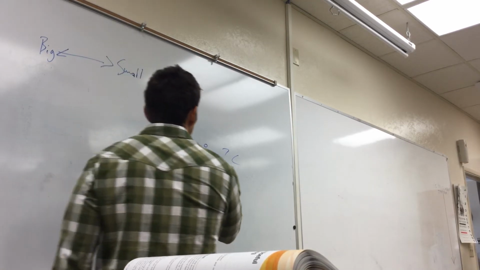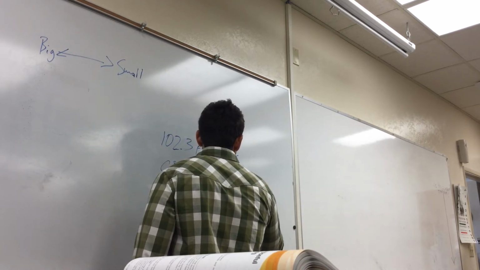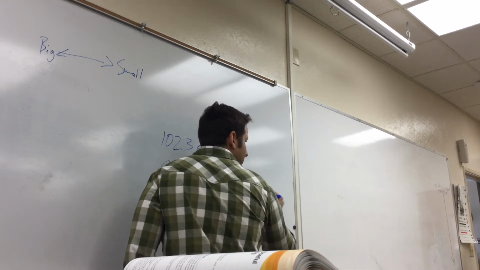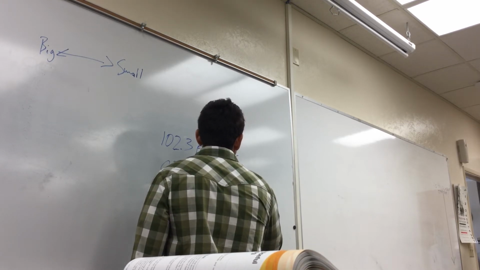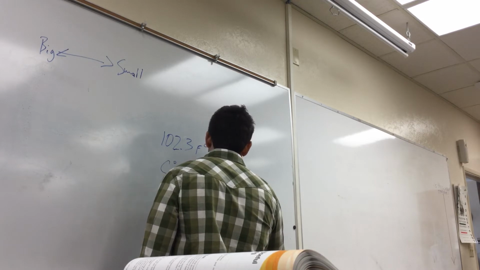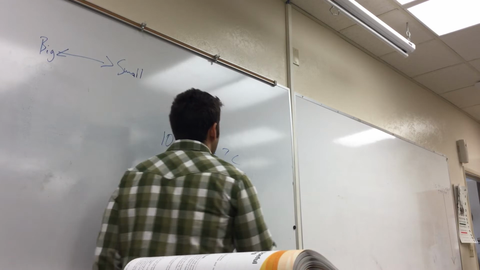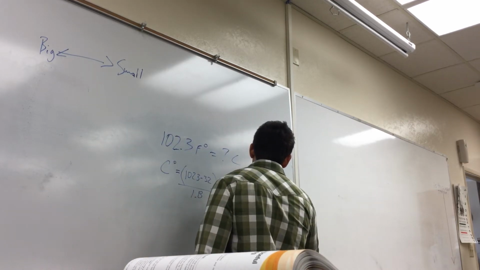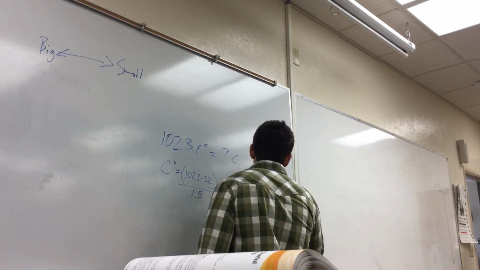So let's do this first: 102.3 minus 32 is 70.3. 70.3 over 1.8 is 39.05. So it'd be 39.1 degrees Celsius, okay?